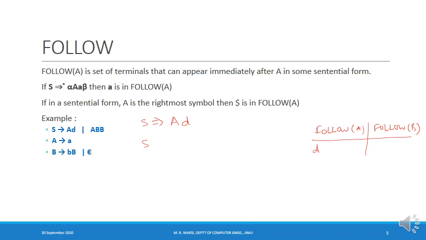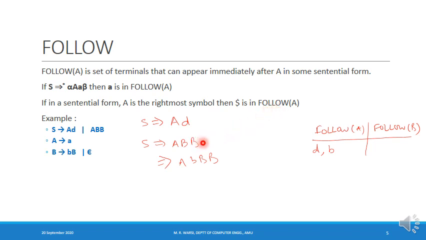Let's once again start the derivation from capital S, and I expand it using the second production and obtain the string capital A, capital B, capital B. Then in the next step of the derivation, I expand the capital B using the first production and obtain the sentential form capital A, small b, capital B, capital B. And if I look at this sentential form, small b is immediately after capital A, so small b will be added to the follow of capital A. So what I do is I add small b to the follow of capital A. If you look at this sentential form, capital B is the rightmost symbol, and I have told you that if in the sentential form a variable is the rightmost symbol, we add dollar to the follow of that variable.